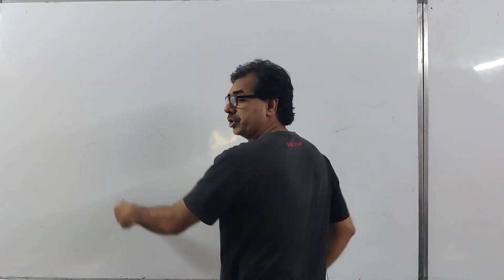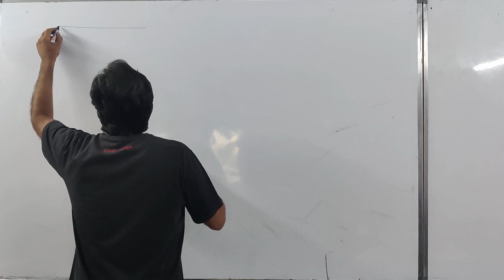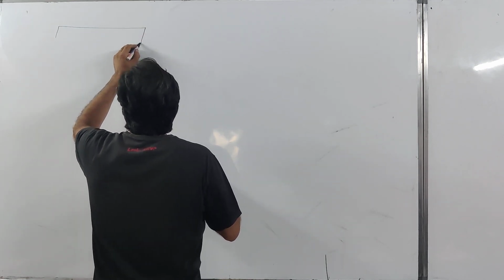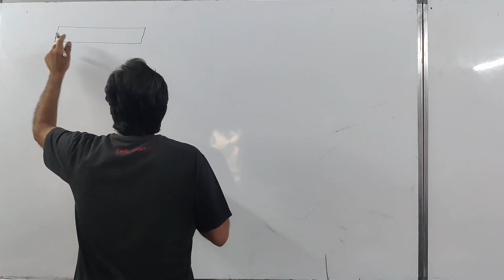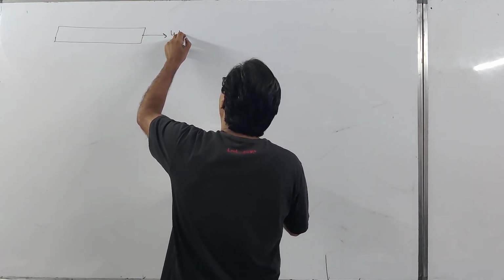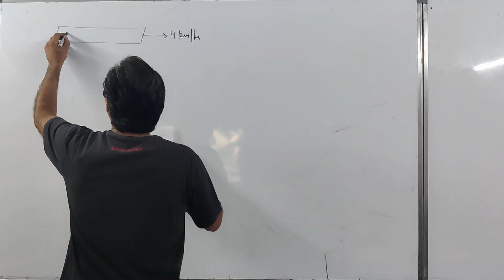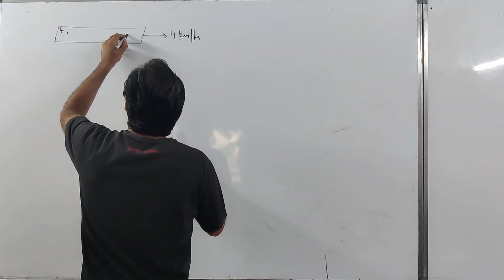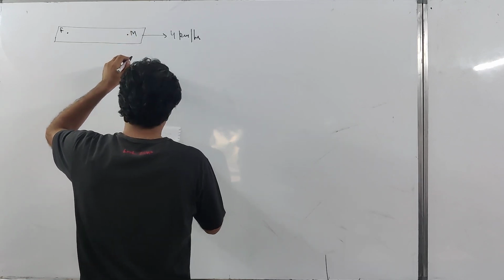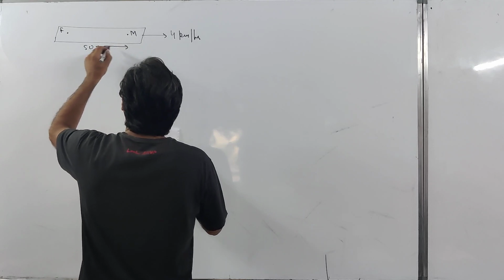Now, he says in this question that there is a train which is moving at the rate of 4 kilometers per hour. There is a father here and there is a mother here, and they are 50 meters apart on the moving train.